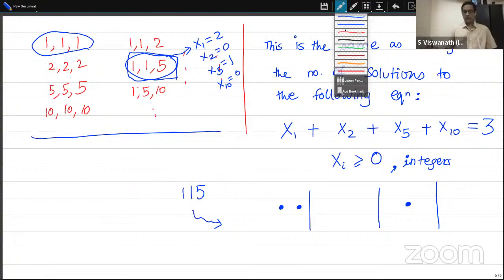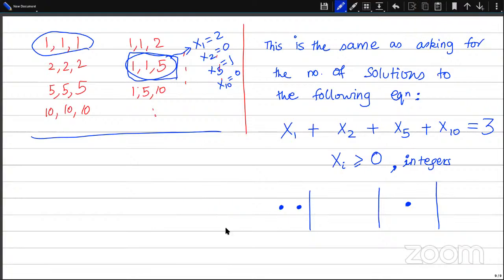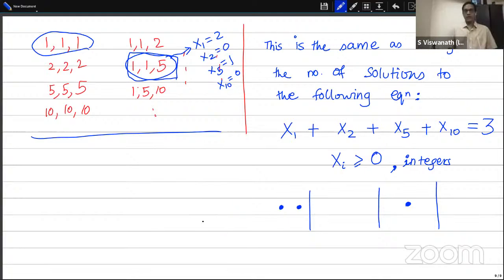So what is being proposed is the following: that one can encode these choices. So there is sort of an encoding. For example, imagine I picked 2 1 rupee coins and 1 5 rupee coin. We will represent this in a pictorial fashion. So here is a pictorial encoding of this choice as follows.